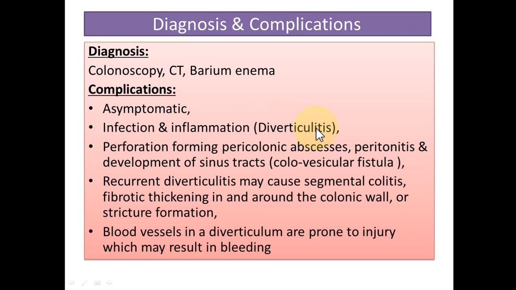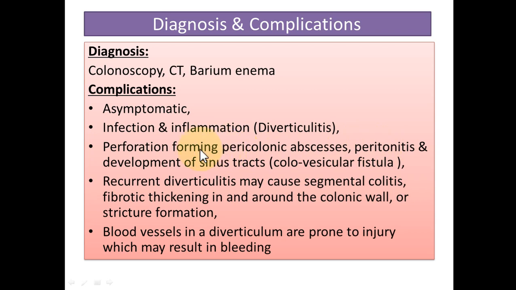And this diverticulitis can sometimes be very problematic, and it can give rise to complications. Particularly if the intraluminal pressure rises, the diverticulum can get perforated. And if it perforates, it may form a pericolonic abscess. Sometimes, if the intestinal contents and the bacteria are released into the peritoneum, it may cause peritonitis.